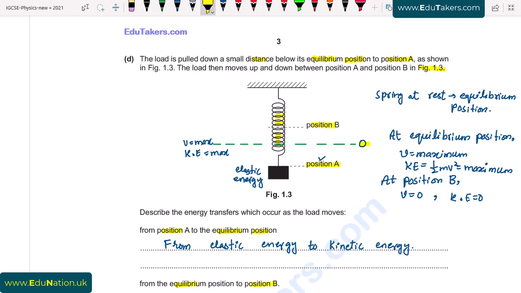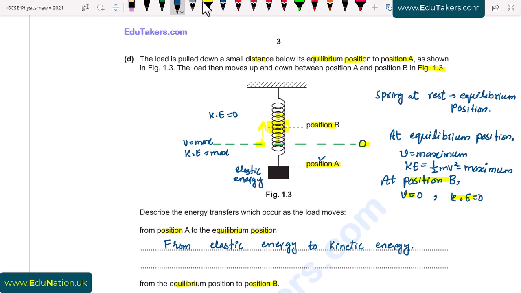So when this load moves to this position, it means that it is compressed, and this is basically due to the height, because it is the equilibrium position, and at this position the load is at maximum height. And we know from this that at position B the velocity is 0. It means that kinetic energy is equal to 0. I write here at position B kinetic energy is equal to 0.